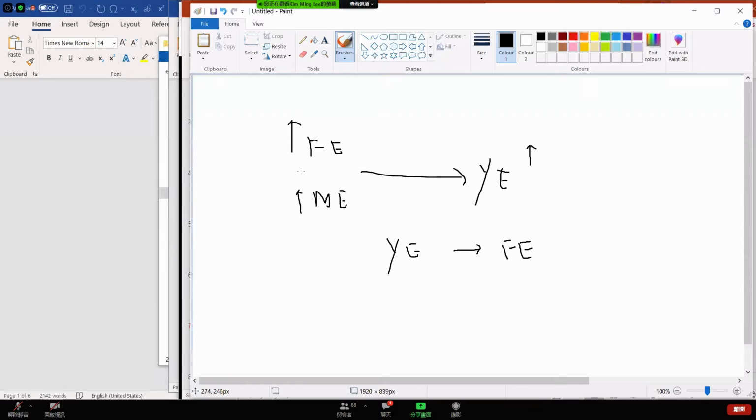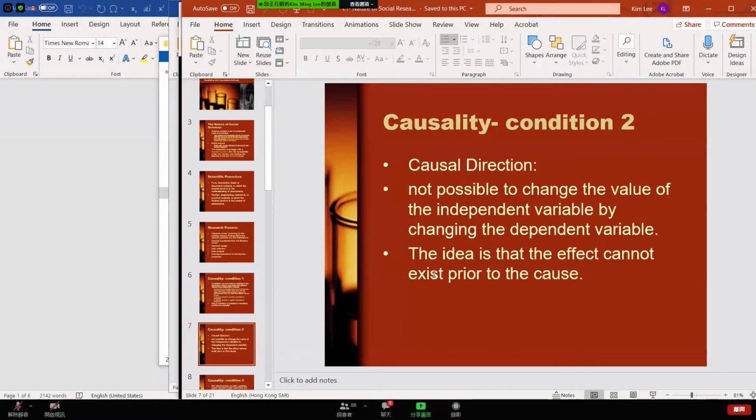Your father was educated before you. So this is the causal direction. If you say that your education caused your father's education, it is impossible because your father was educated before you were educated. So this is the relationship in terms of time. This is pretty obvious.